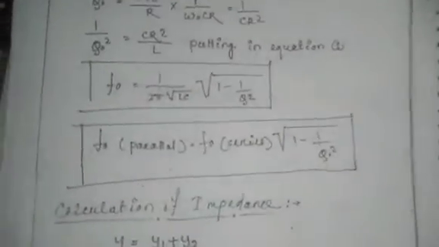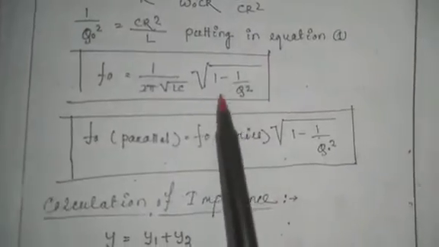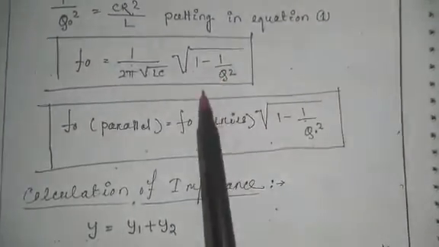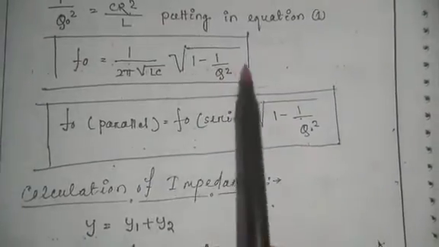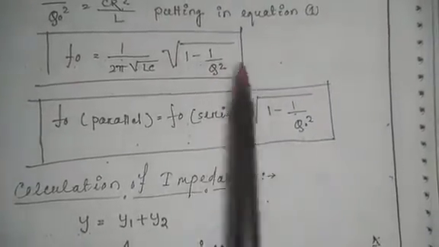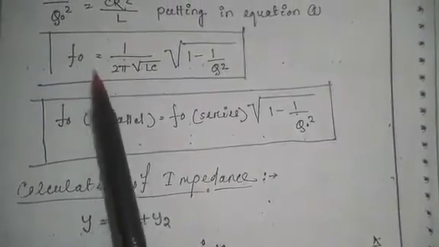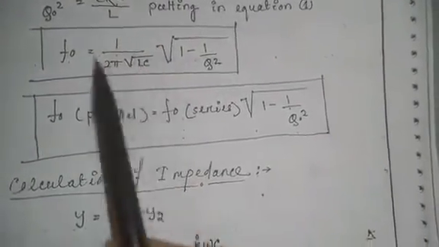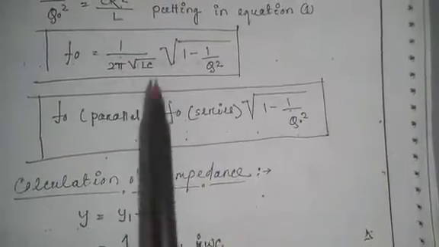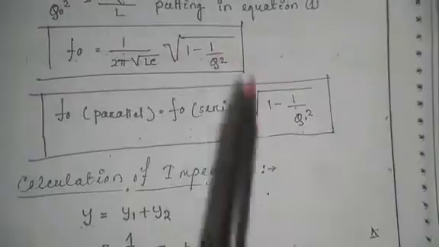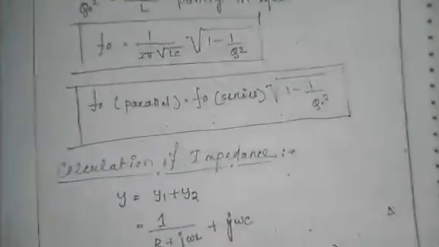You may also write it in this format: f0 is equal to 1 divided by 2 pi root LC, whole into root of 1 minus 1 by Q0 square. This is f0 parallel, and the resonance frequency of the series circuit is f0 series, into root of 1 minus 1 by Q0 square.